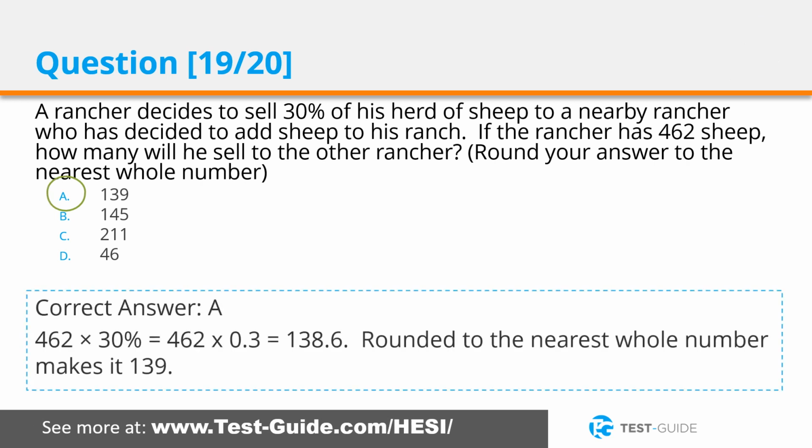Correct answer A. 462 times 30% equals 462 times 0.3, which equals 138.6. Rounded to the nearest whole number makes it 139.